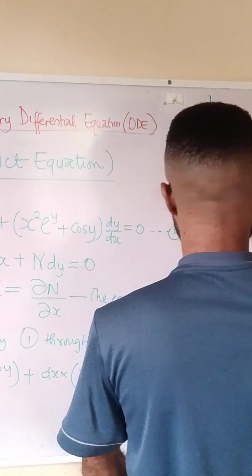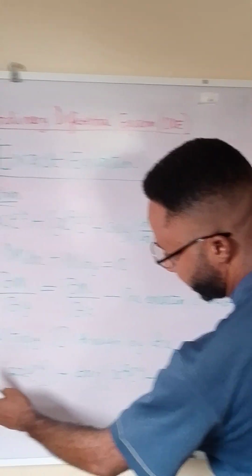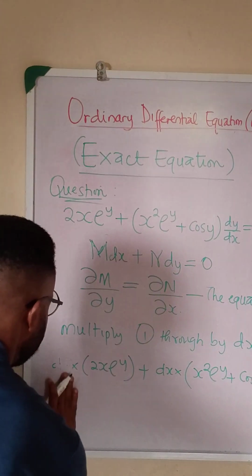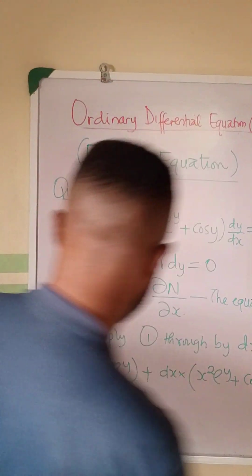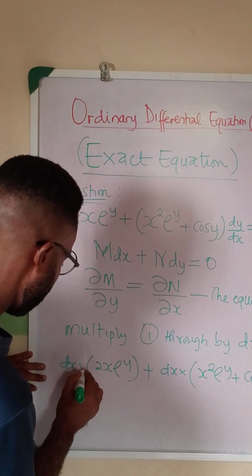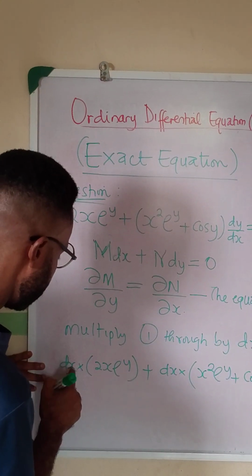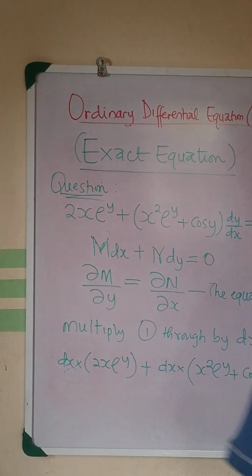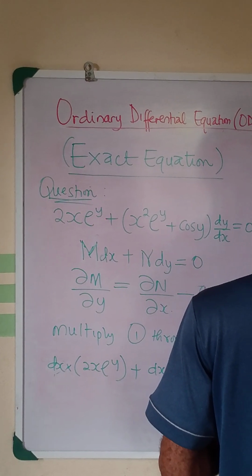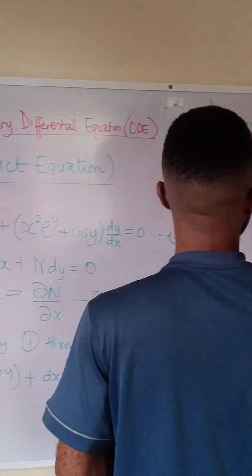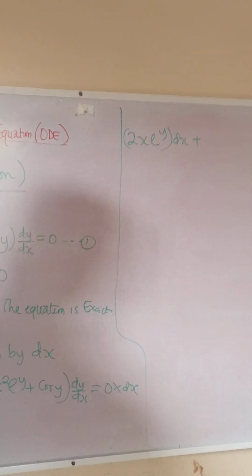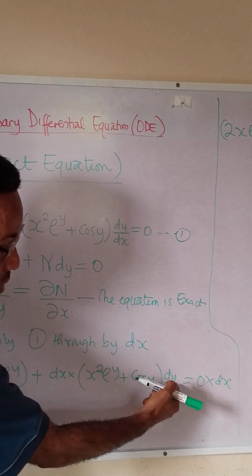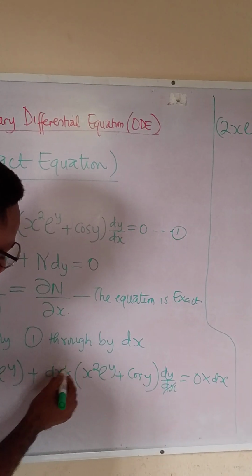Okay, let me write it properly. So x times this is going to give us 2x exponent y dx, plus x times all of this; we have the x here, so this will cancel out.